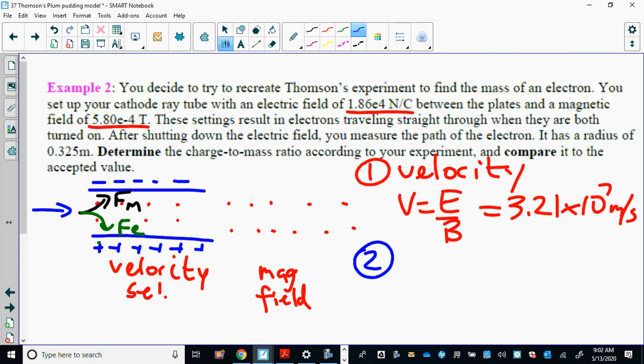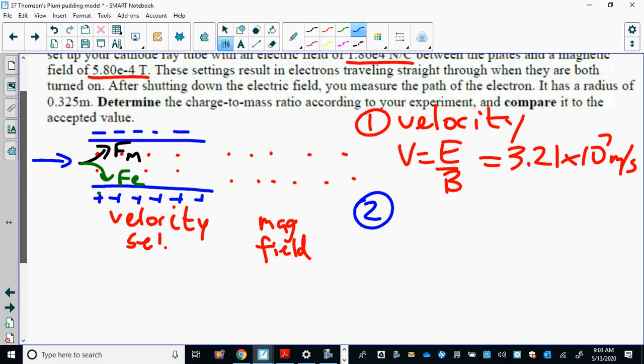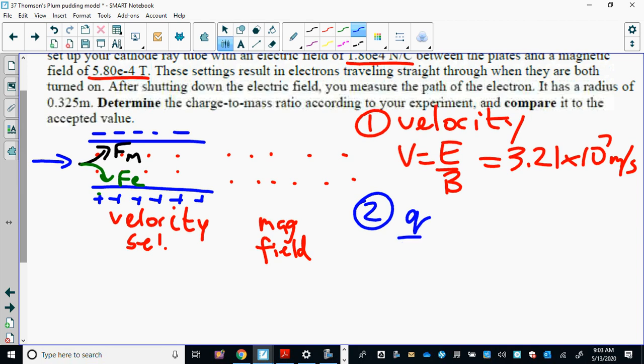And then step two is to just use the charge to mass ratio formula that we've just derived. Once again, all the information is given to you. Here's the magnetic field strength. Here's the radius. And here is the velocity.